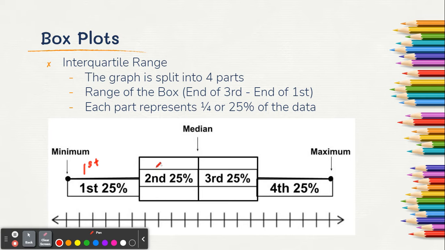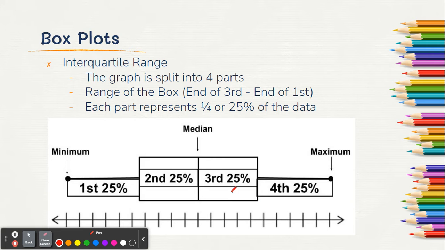The second quartile is from the beginning of the box to the median. The third quartile is from the median to the end of the box. And my fourth quartile is from the end of the box to the maximum. So if you see that, it's 1, 2, 3, 4. We split up into 4 parts.